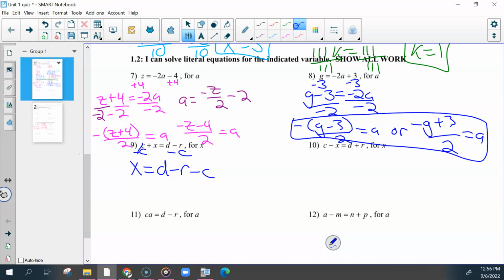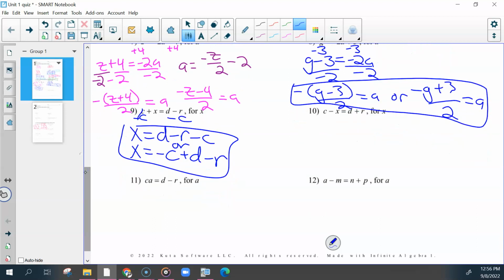Or you could put it in alphabetic order, but either of those would be fine. Some of you were moving d and r, which was fine, but you would have had to move it back. So don't create extra steps if you can move it.